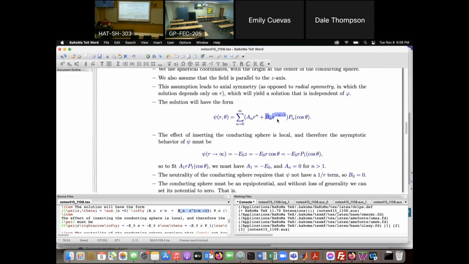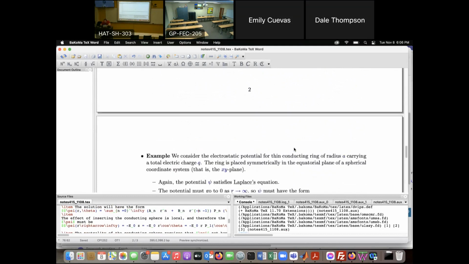You would exclude these because they would go to infinity at the origin. You don't want that. So for electrostatic potential inside a certain domain, you use these terms. When you're trying to solve for outside a certain domain, use these terms. Basically, you drop the terms that would go to infinity in the domain of interest.